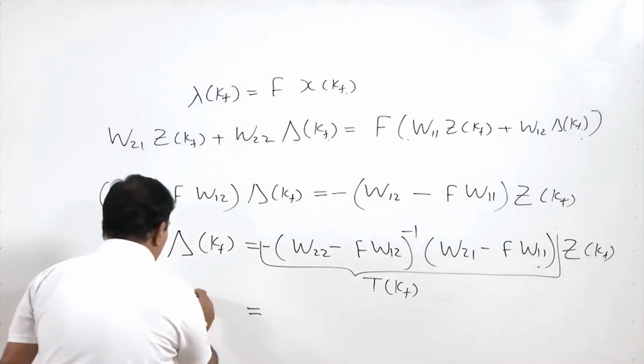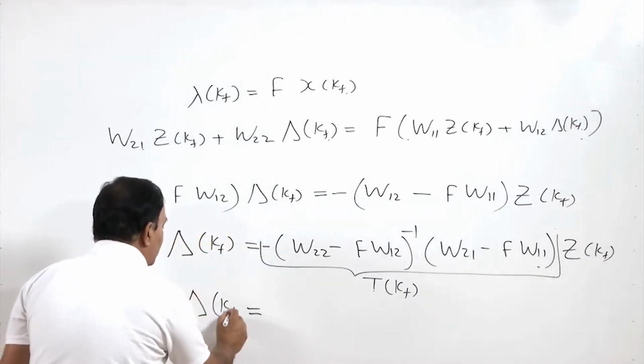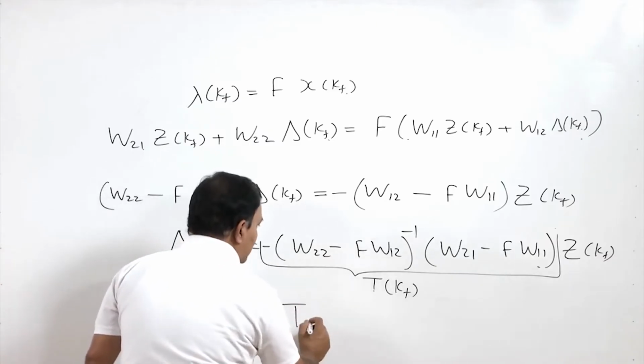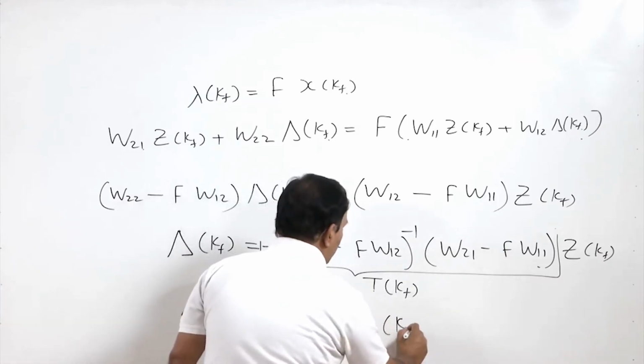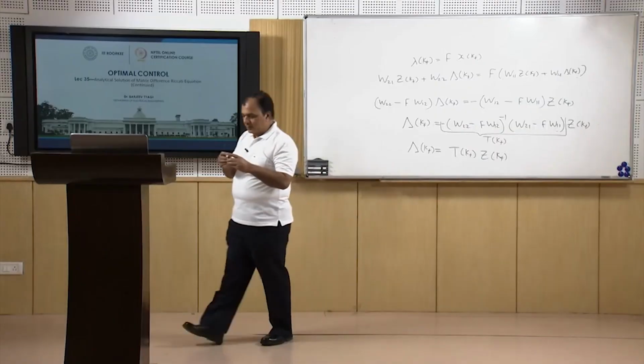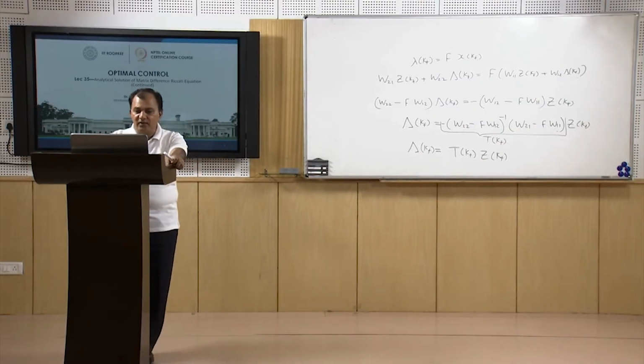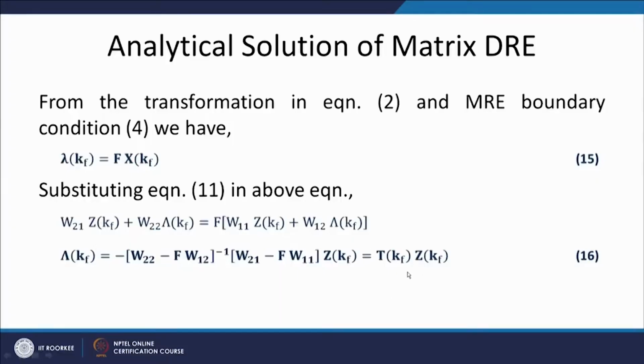So, we are writing a transformation del(kf) as T(kf) z(kf). Just by arranging these elements of z and del, we can write del(kf) as T(kf) z(kf), where T is nothing but minus (W22 minus f W12) whole inverse multiplied with (W21 minus f W11). So, this gives me the transformation of del(kf) in terms of z(kf).